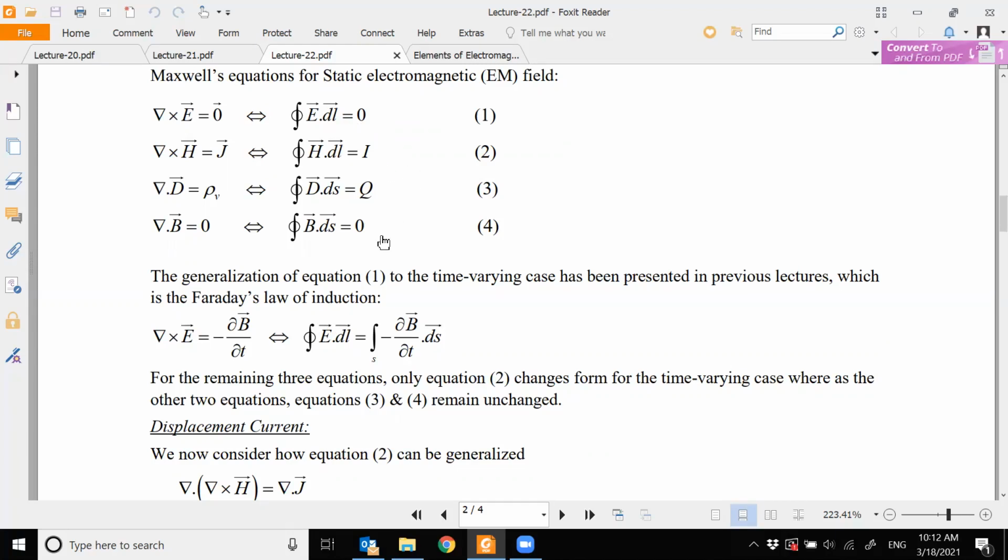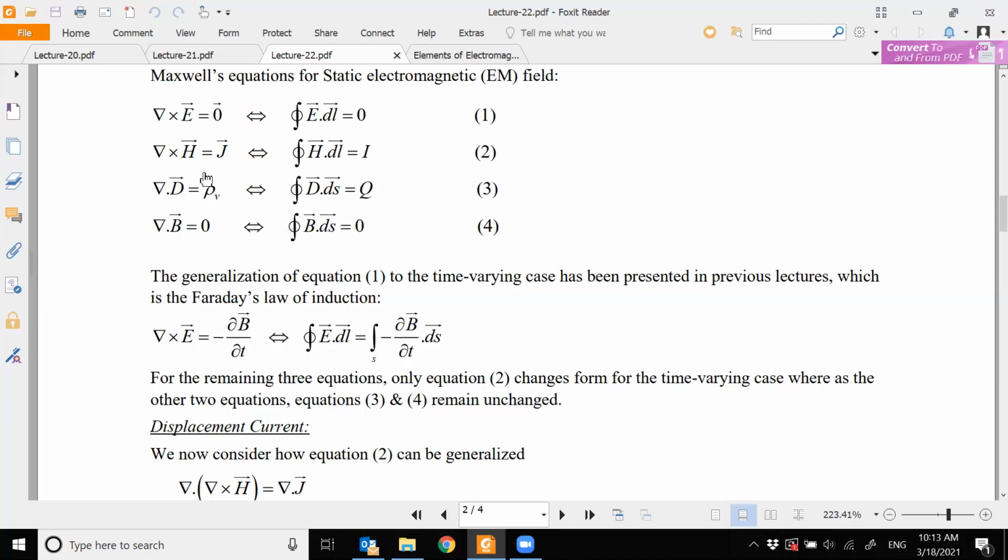Now, what other equations are required to include the time varying fields? For the remaining three equations, we only need to look at equation number 2, because equation number 3 and equation number 4 are intact. That means they don't contradict anything when we look at the time varying fields or the time independent fields.